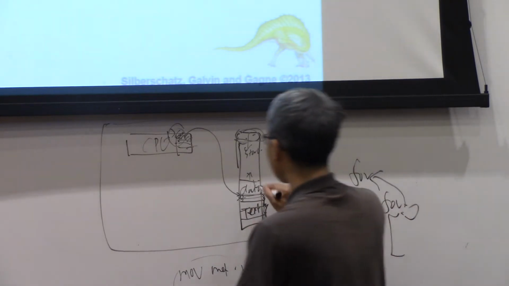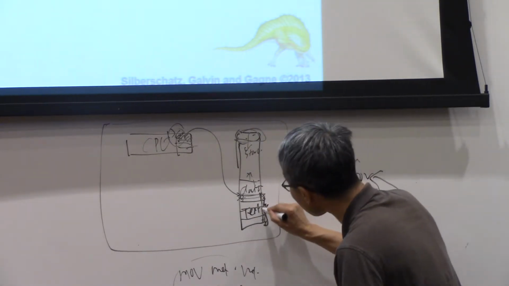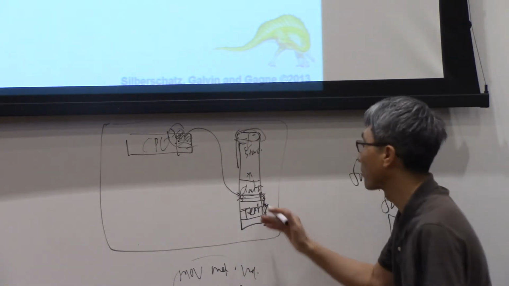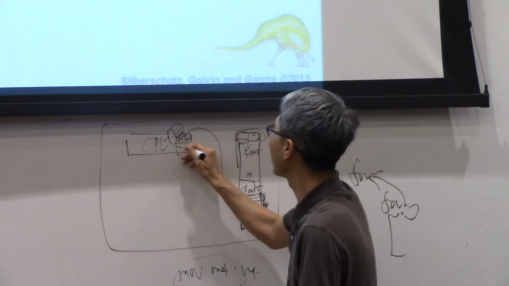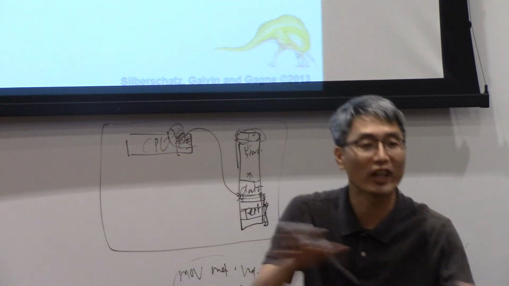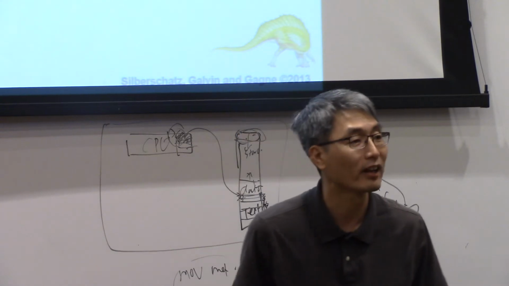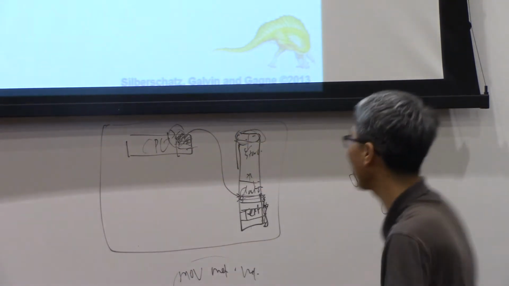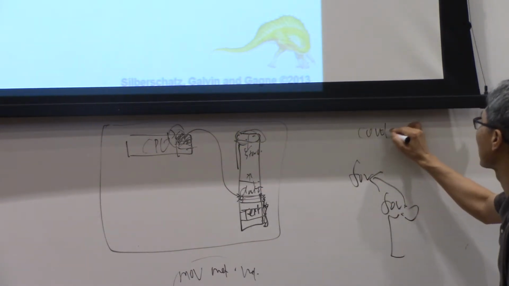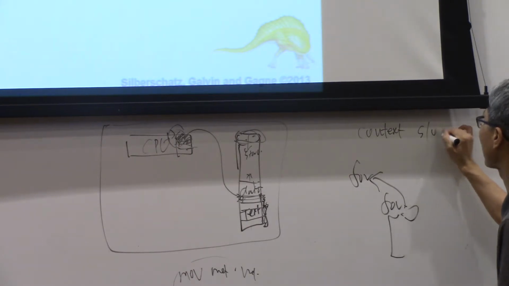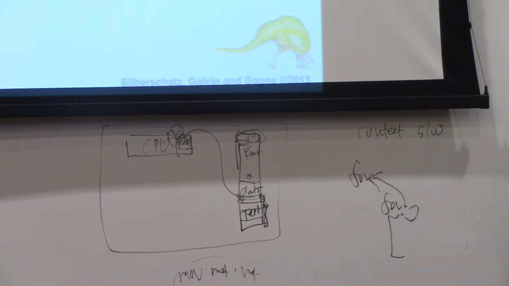So while you are running the sequence of instructions, in other words, executing the program, this register information will be changed. Then at a certain time we have the context switch. What is a context switch? One of the questions in your quiz.